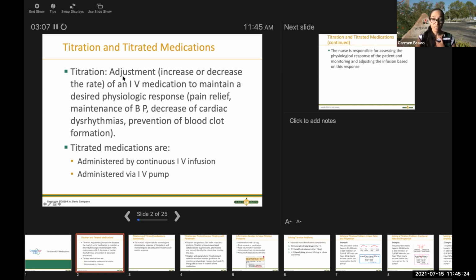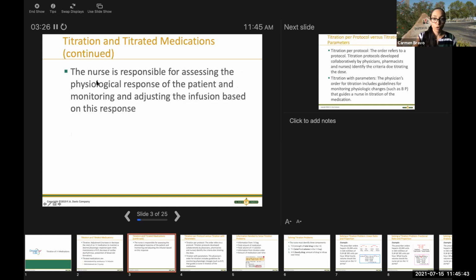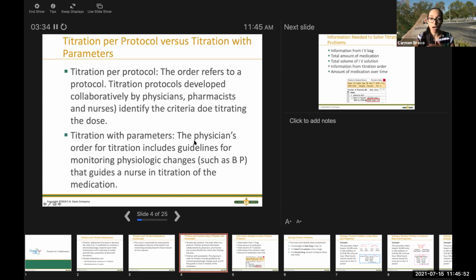When we're given this much responsibility, we have to continuously monitor our patients, checking their blood pressures, cardiac rhythms, and blood work to be able to continue these orders. It's a big responsibility, so we have to continuously check our patients and see how they're progressing.